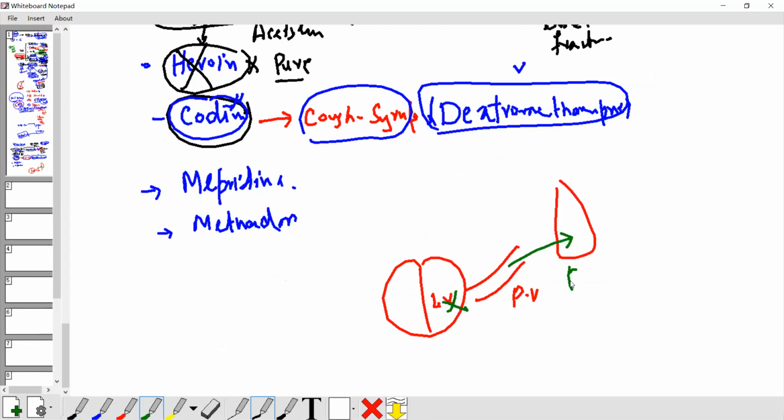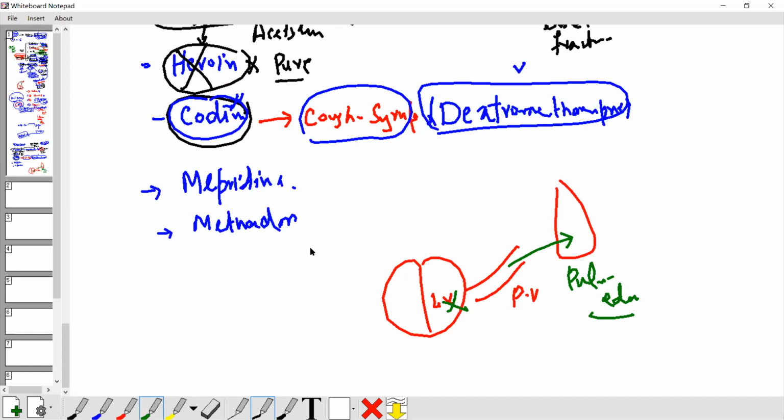So what happens inside the lung? Pulmonary edema. Understand? So with morphine, one thing is the pain. In a heart attack patient, when you have a pain stimulus, what happens to your heart rate? For example, you were playing, fell down, and you're having pain. Does it increase or decrease?